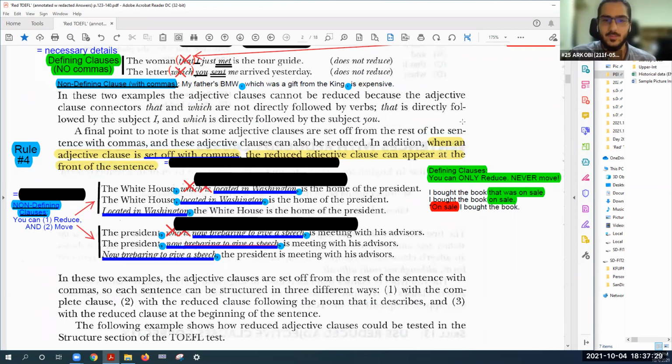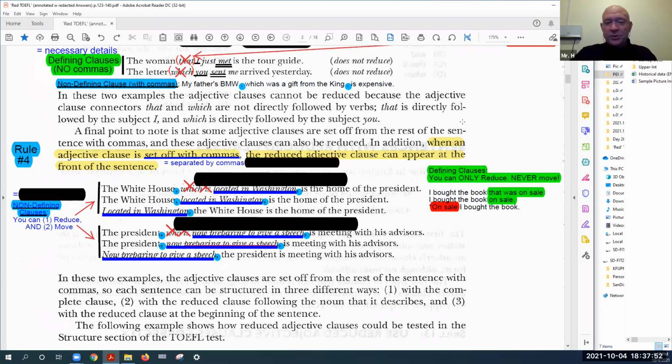If it's set off with commas, it means separated. Separated by commas, right? Keep going. The reduced adjective clause can appear at the front of the sentence.